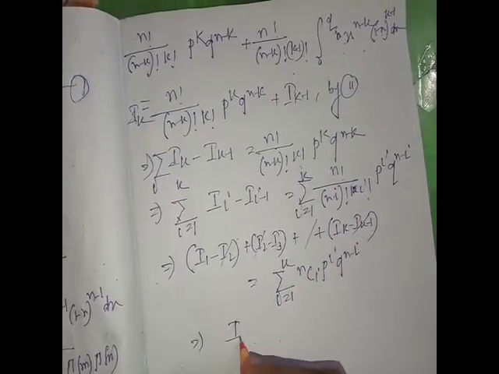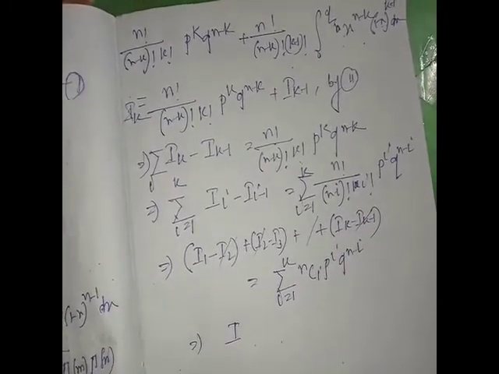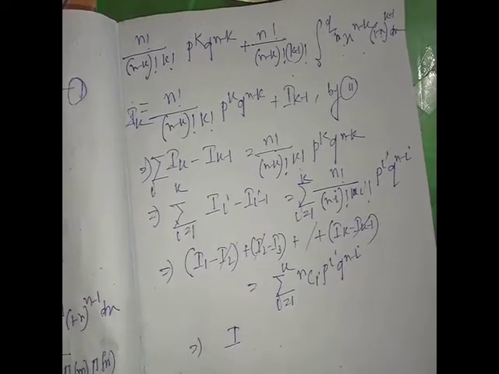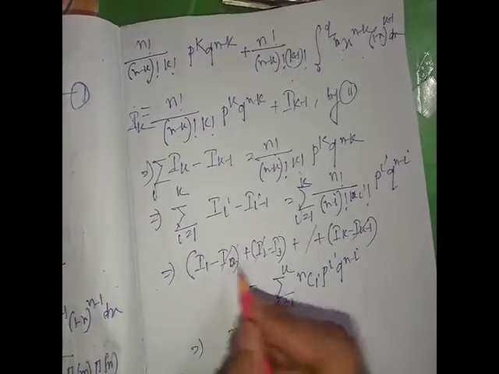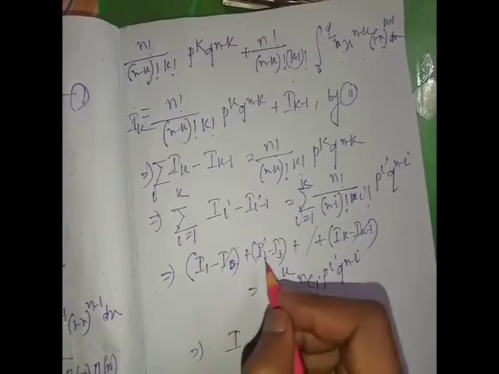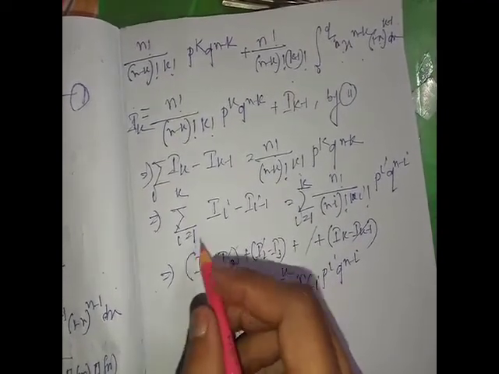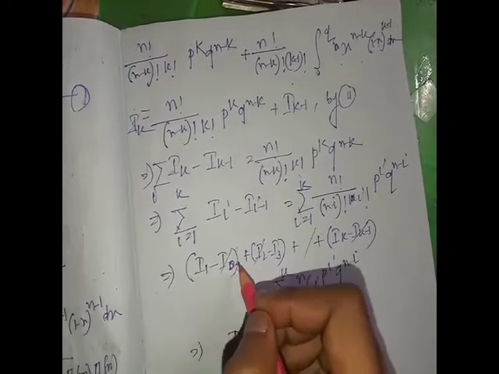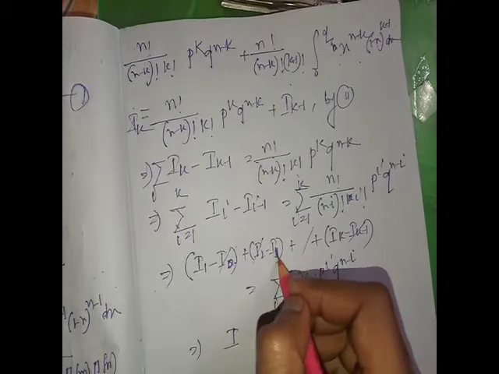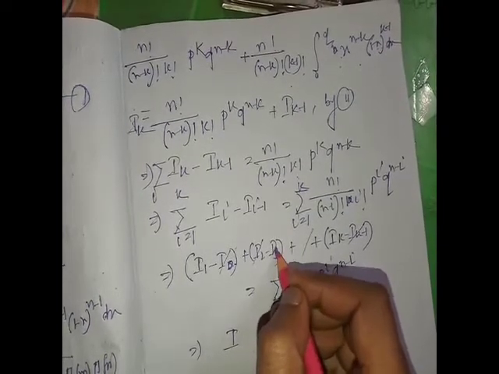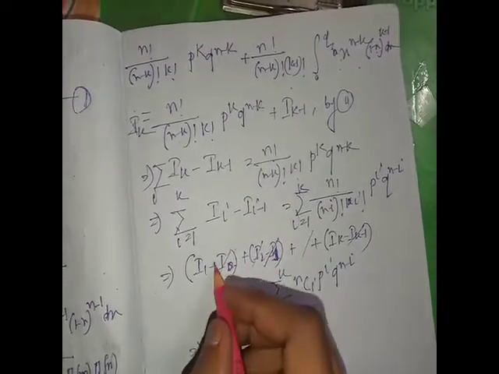So if we put i equal to 1, this is I1 minus I0. For i equal to 2, I2 minus I1, these terms cancel.